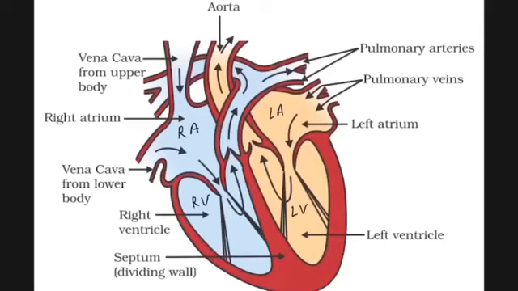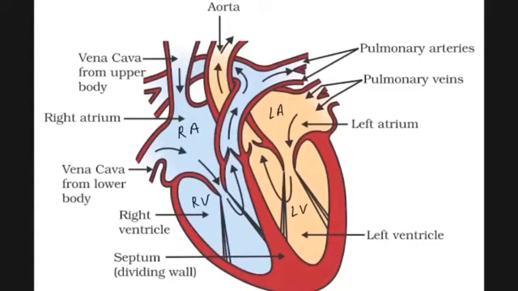Alright? Now similar to the case which we saw in the left ventricle, this particular chamber, the right ventricle, as you can see in the diagram, has thicker walls. For the same reason, since it has to pump the blood, it needs a stronger wall as compared to the upper chambers, the atriums. So the ventricles have thicker walls as compared to the atriums.